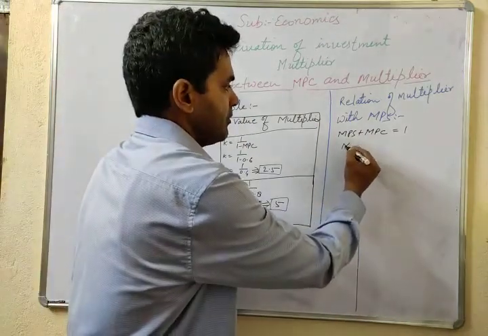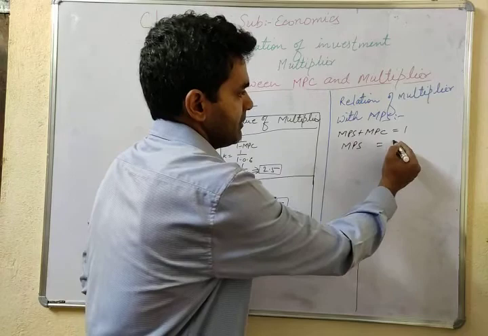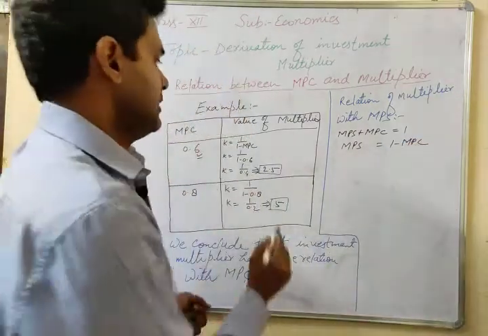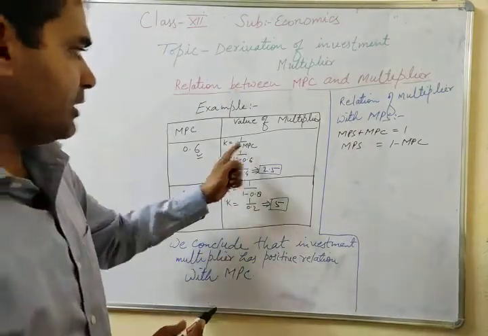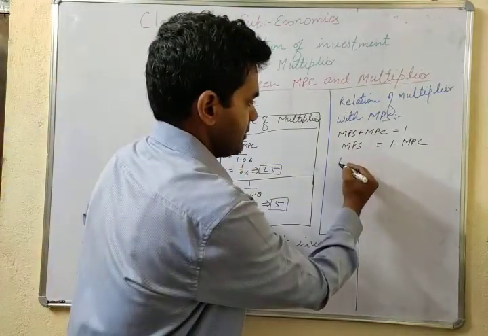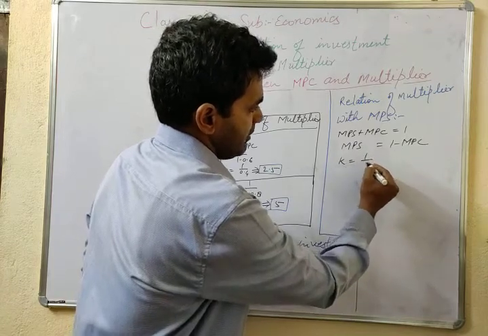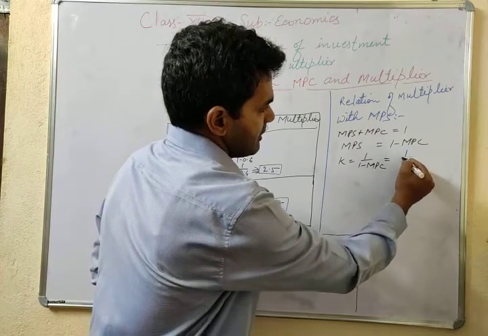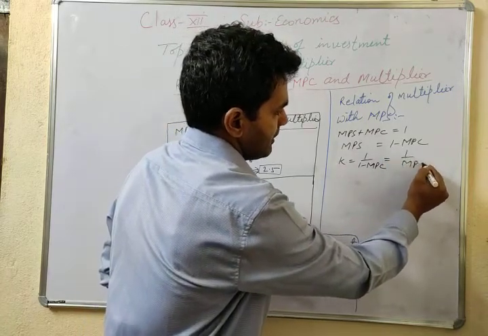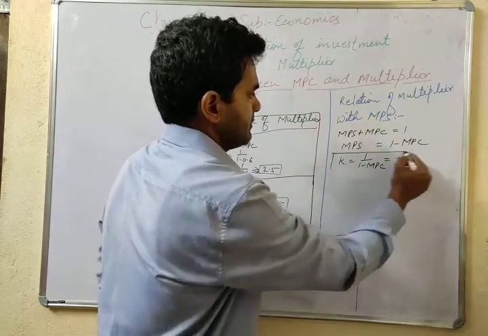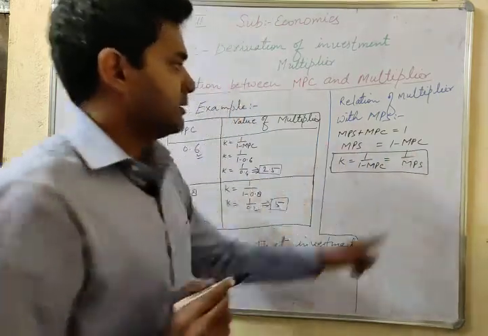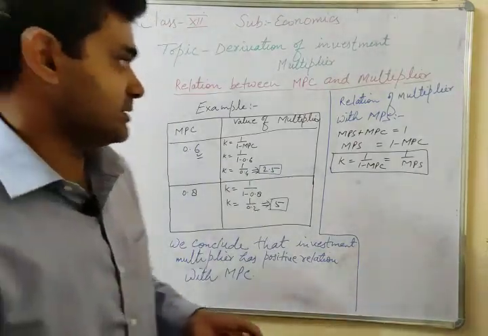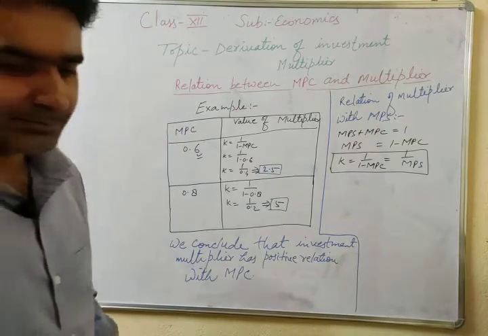So what will be the value of MPS? MPS will be 1 minus MPC. And here we know the formula 1 upon 1 minus MPC. So K is equal to 1 upon 1 minus MPC, which can further be written as 1 upon MPS. Now this is another formula for getting value of K or investment multiplier.